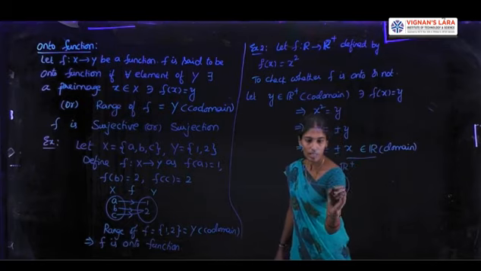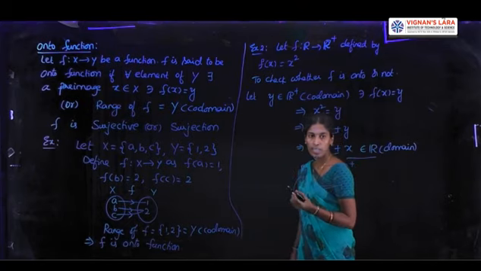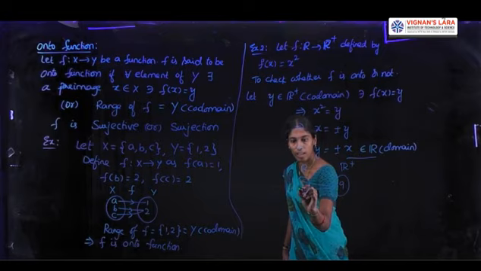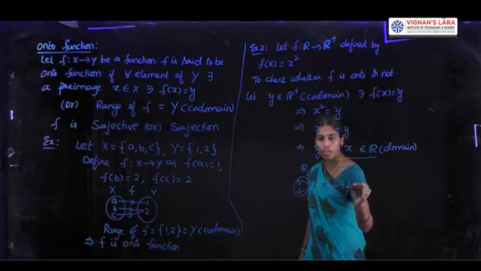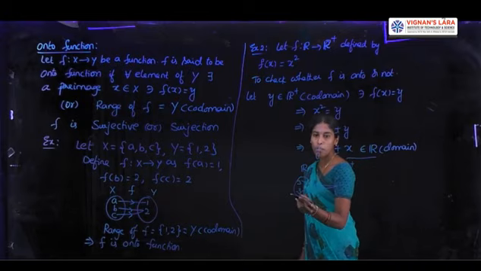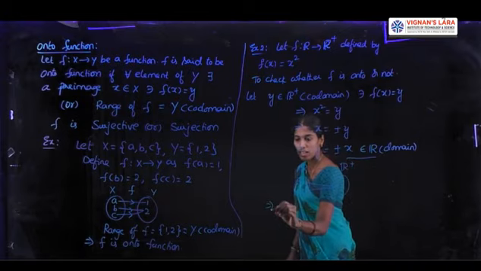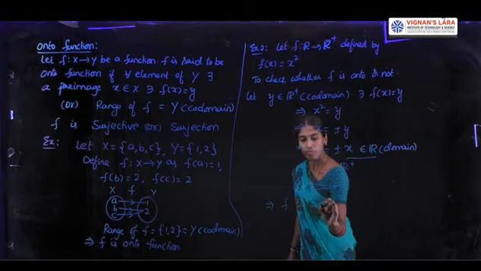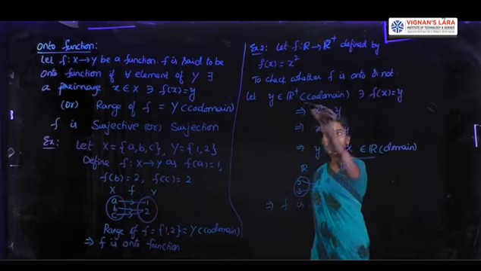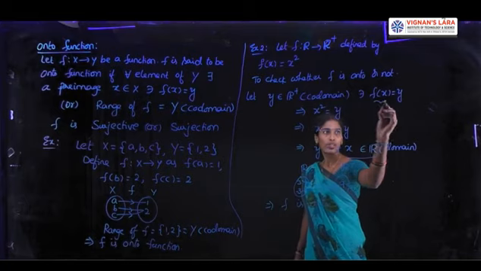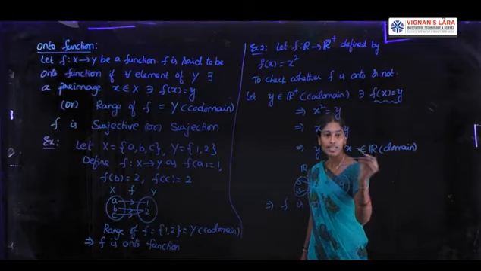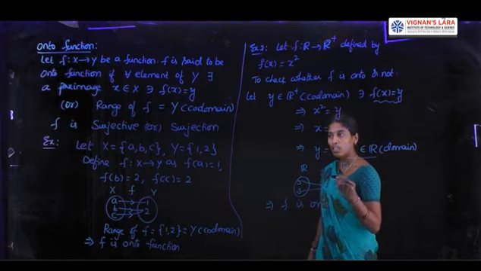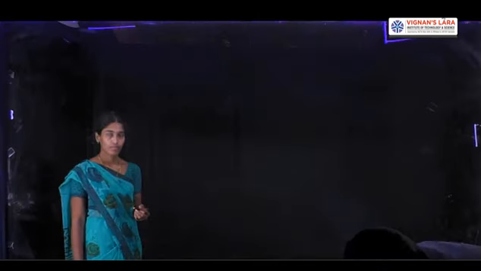For this 9, there are two pre-images, one is plus 3, another one is minus 3. Like that, for every element of positive real numbers, there exists a pre-image, which implies that f is onto. Initially, we have to assume f(x) = y, such an x exists. If x exists and that x value belongs to the domain, then f is onto.